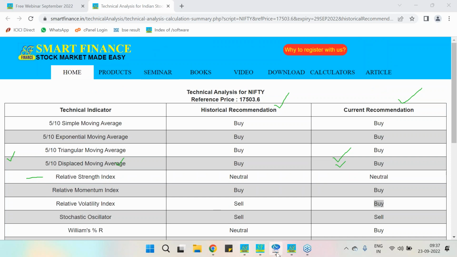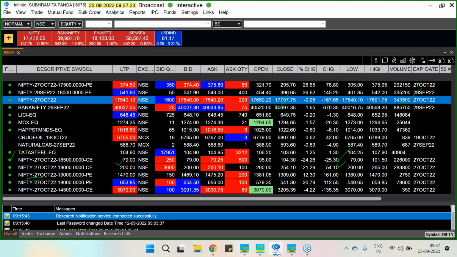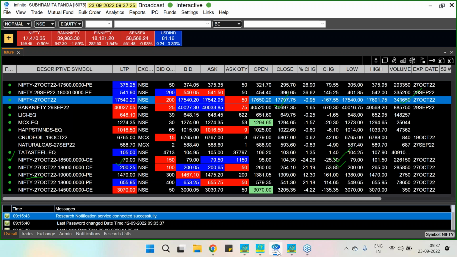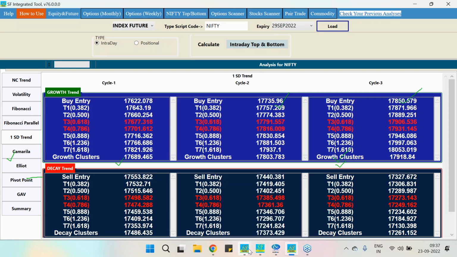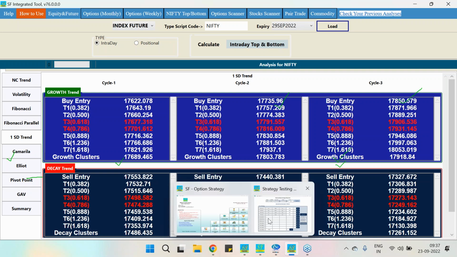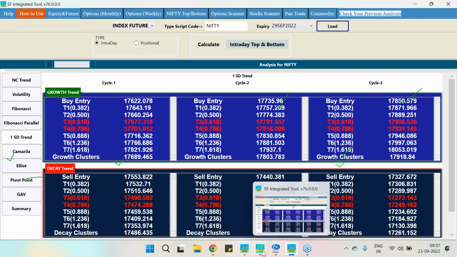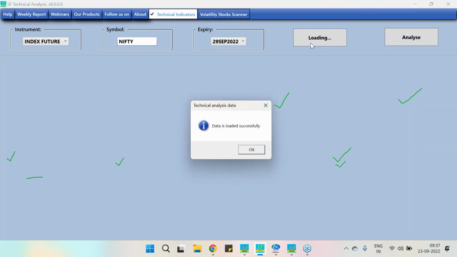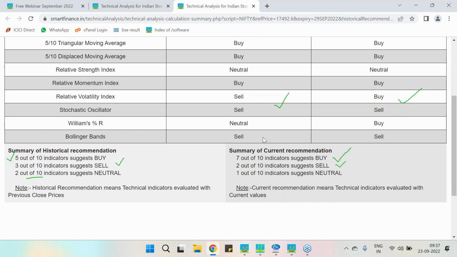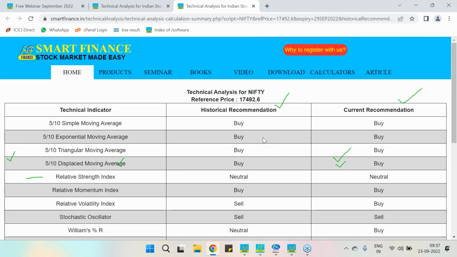But still, indicators suffer the same problem of being backward. The prices have drifted down, so let me go and reanalyze these factors. The data has loaded, and I am going for analyzing. Look at the reference prices.